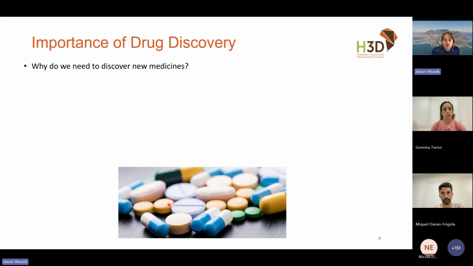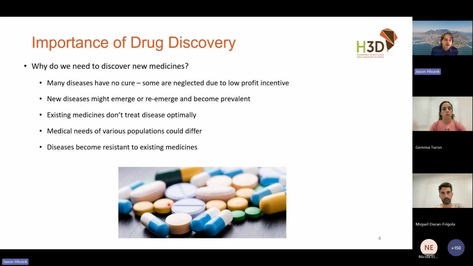All right, let's start with a little bit about drug discovery. Why do we need new medicines? Try and think of a reason or two. Hopefully some will come pretty easily. Some diseases that we face have no cures, so we need new medicines for them. Many diseases already have medicines, but maybe they're suboptimal.